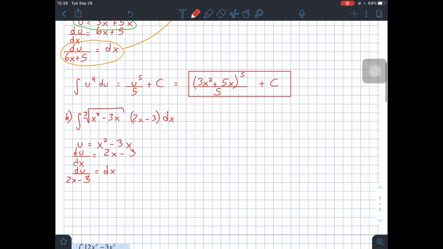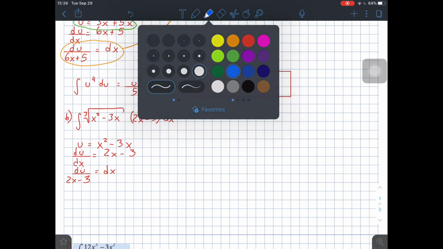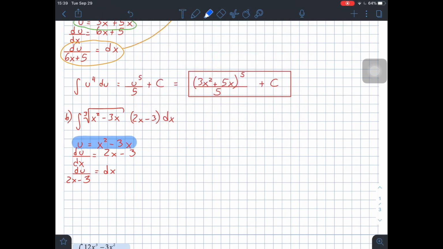So then I'm going to substitute once again. All this part, let me do this with a bigger highlighter, will be substituted inside here, the radical, and the dx, I'm going to replace all of this by this.